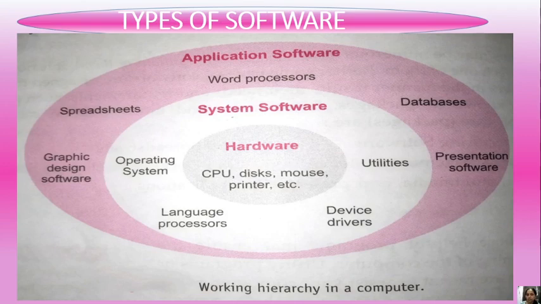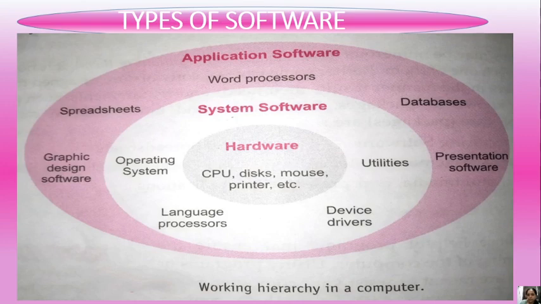Application software means word processors, database, spreadsheet, graphic design and presentation software. So these are specific software which the user can use. So this is the working hierarchy in a computer: hardware, system software and then application software, and then the user will use this system.